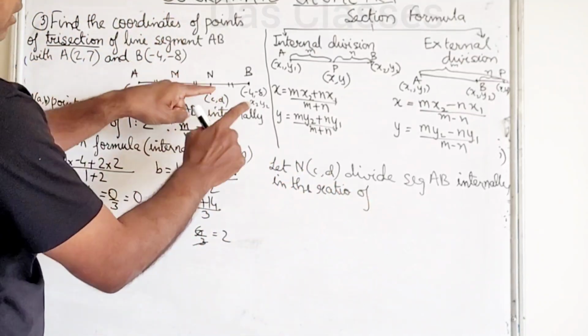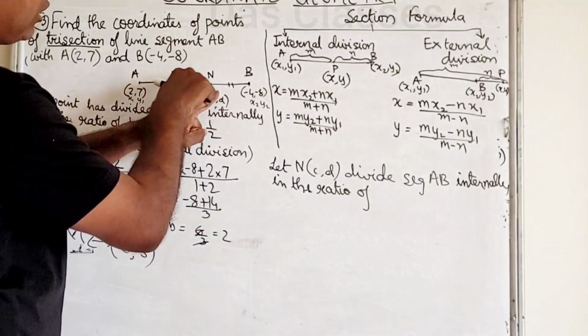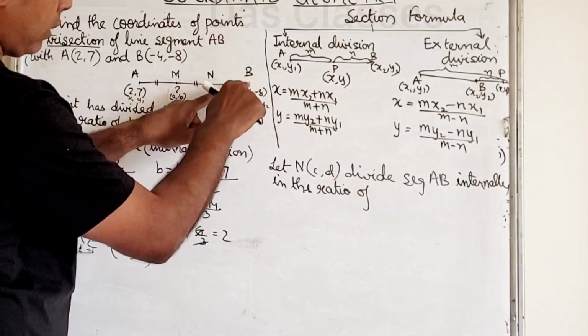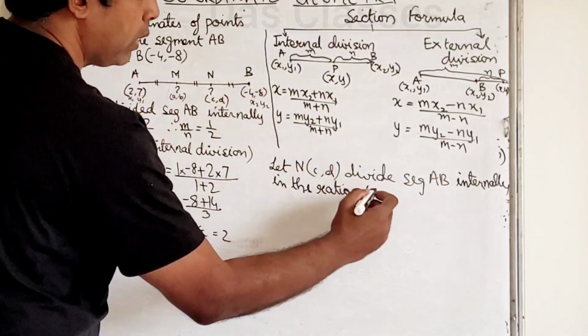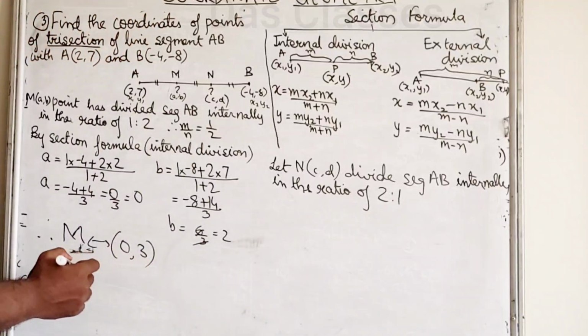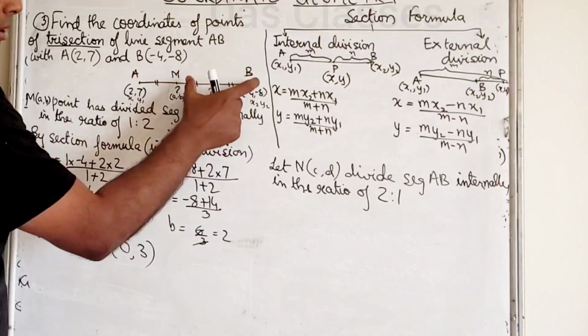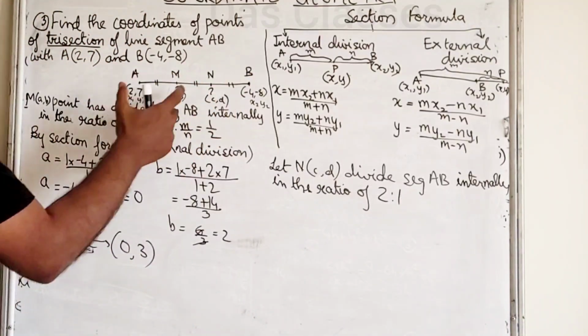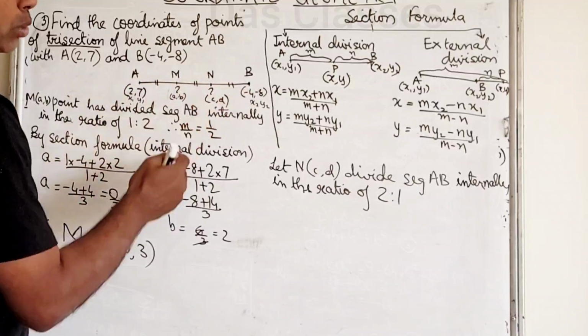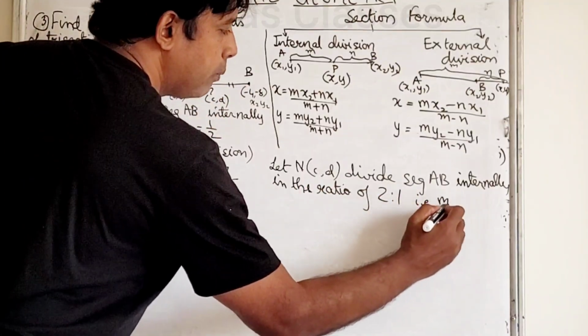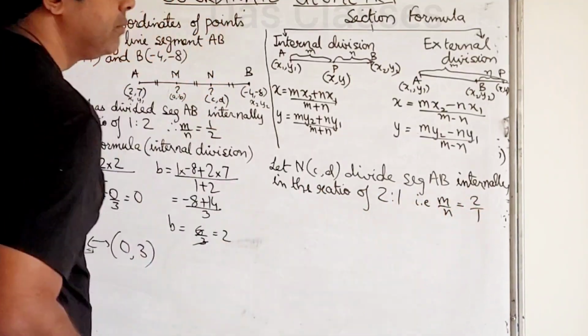Now see N, that means here you have two parts, and here you have one part. So it's 2 is to 1. In case of M, this side was 1 and this side was 2, so 1 is to 2. And this time N is this side, so it's going to be 2 is to 1. That is m upon n is 2 upon 1.